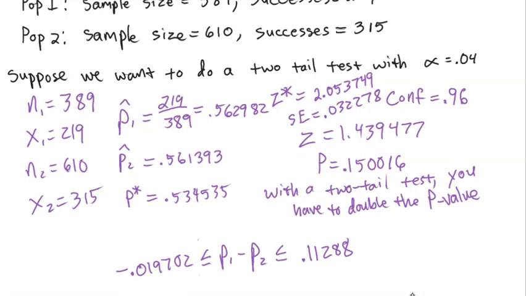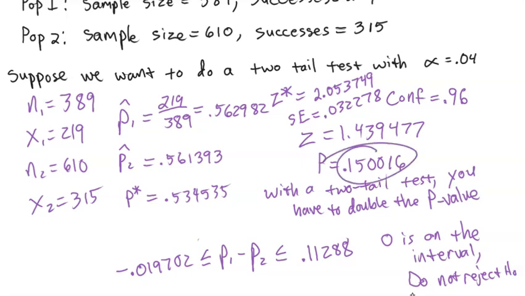We have a negative number here and a positive number here, and 0 is on the interval. And when 0 is on the interval, we do not reject H sub O. And look, the p-value here is larger than 0.04, so we do not reject. And look here.